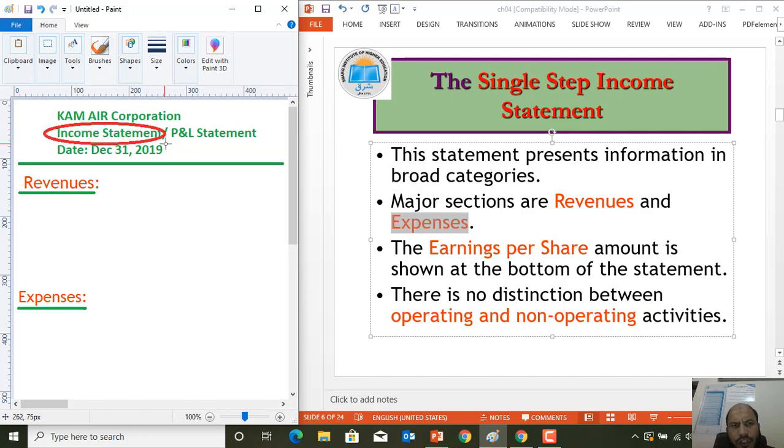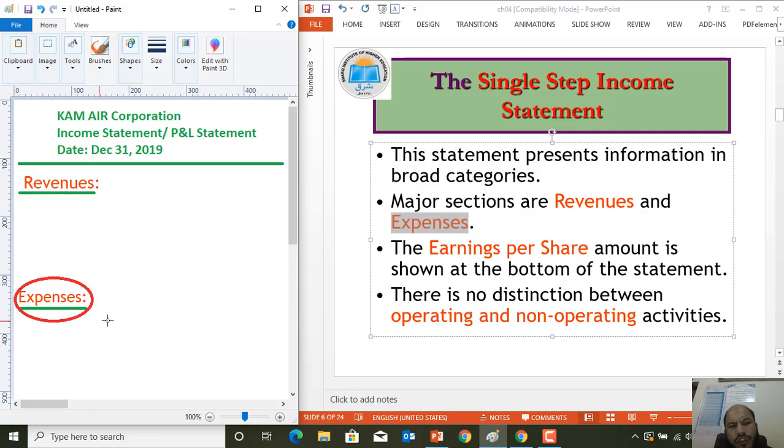We may use two terms, income statement or profit and loss statement. And this is the date row. Here we will mention the date. These are the title information. When you are preparing the income statement, you should have these things in your statement. After that, we will have the information about revenue accounts, that is, what the revenue accounts are in this business.